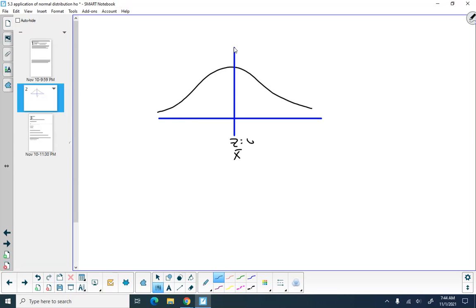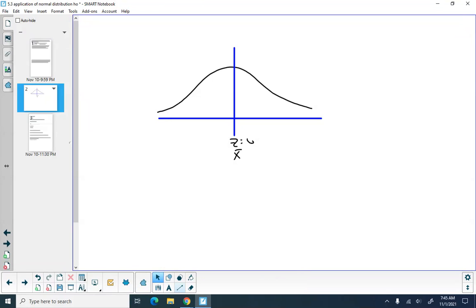This is where your mean's at for your set of data, because when you standardize a set of data, that means you change all your data values to a z-score, and you take the average of all those data values. The average will come down to a z-value of 0. Our standard deviation is a value of 1.